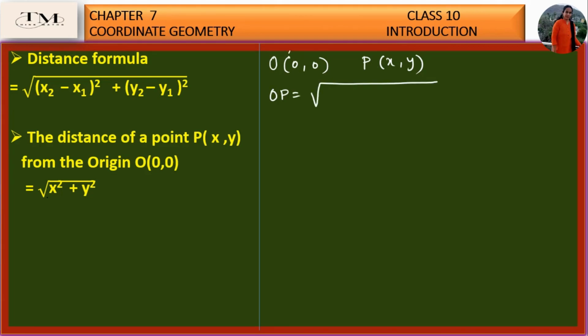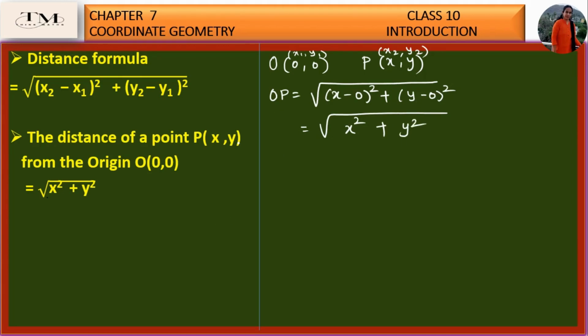So this is x1, comma y1 and this is x2, comma y2. So applying the distance formula, we have x2 minus x1 the whole square, so x minus 0 whole square, plus y2 minus y1, so y minus 0 whole square, which is equal to x minus 0 is x, so x square plus y minus 0 is y square.